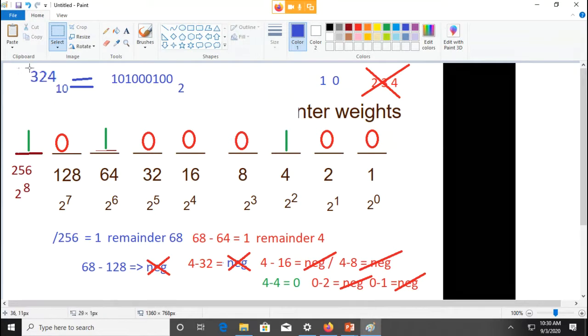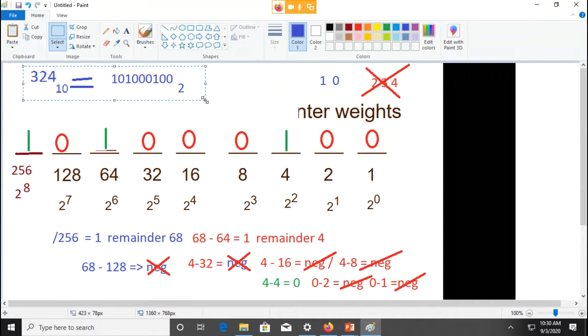Okay, we have 324 base 10, or decimal, is equal to 101,000,100 base 2. So these are two numbers that reflect the same amount.